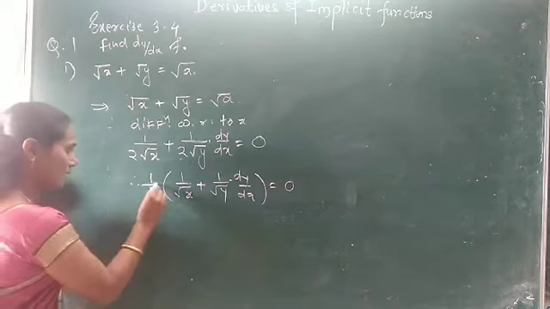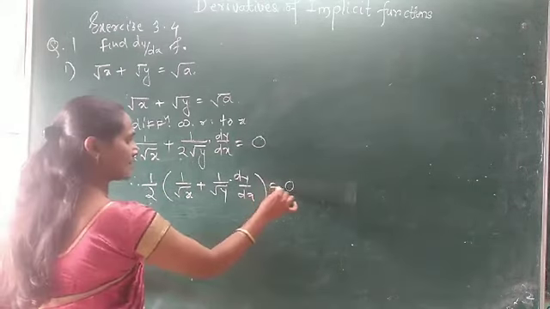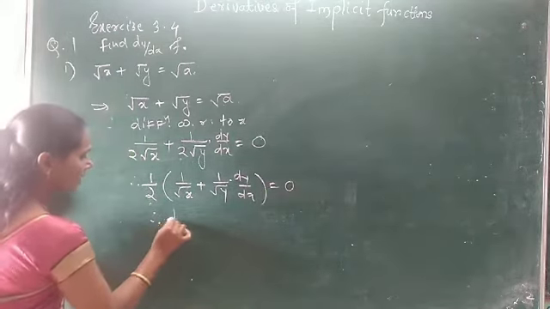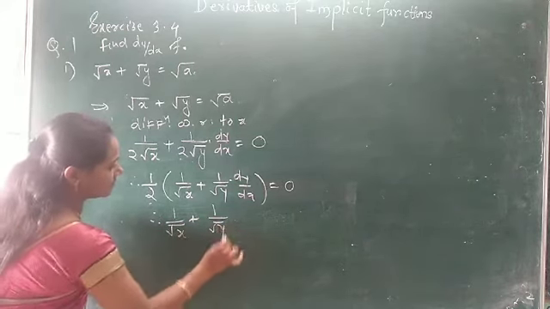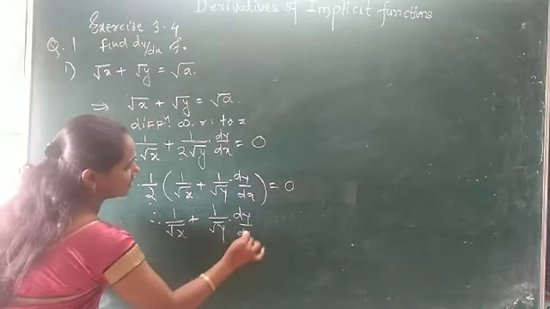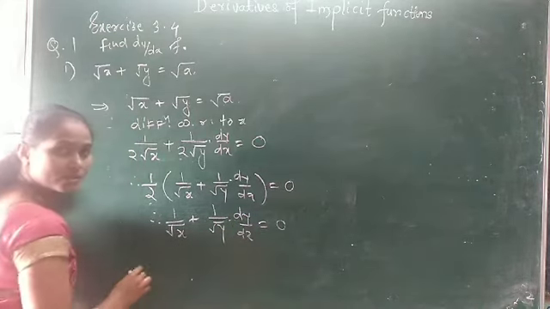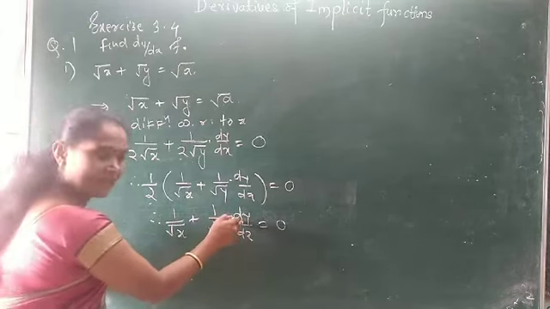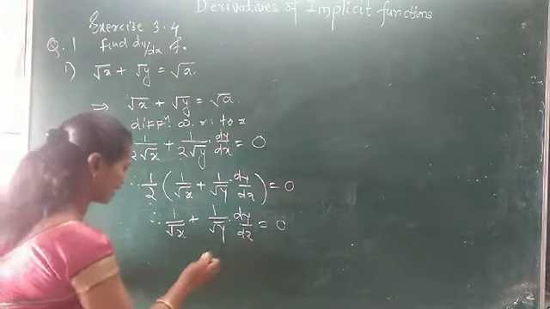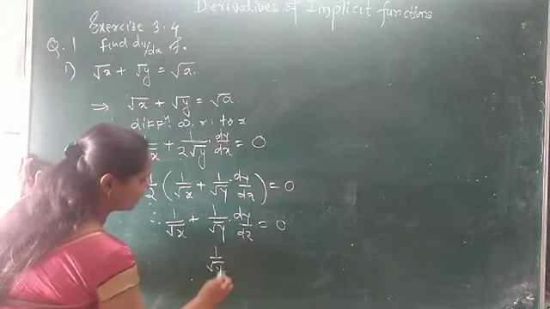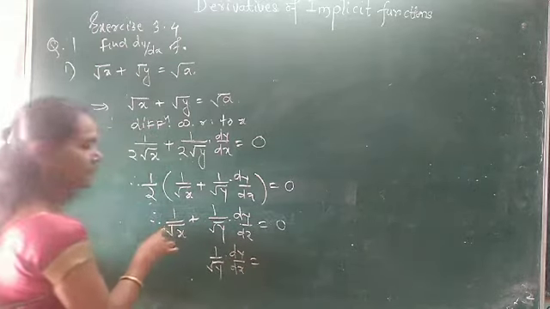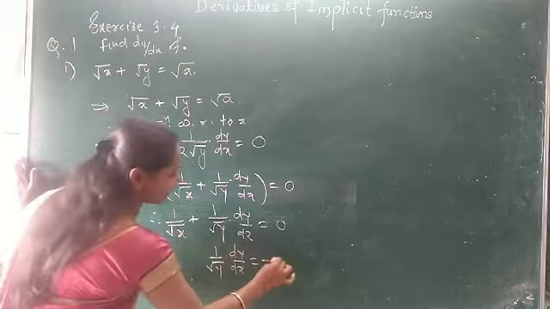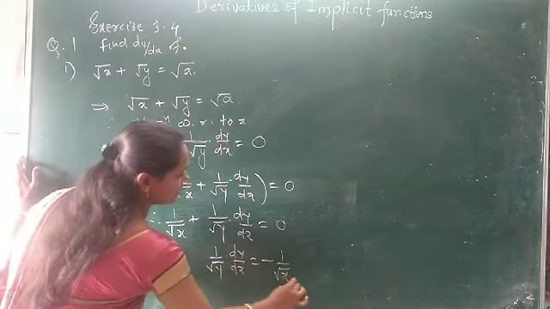We want only dy upon dx. So first take the term 1 upon root x to the other side, where it becomes minus 1 upon root x.